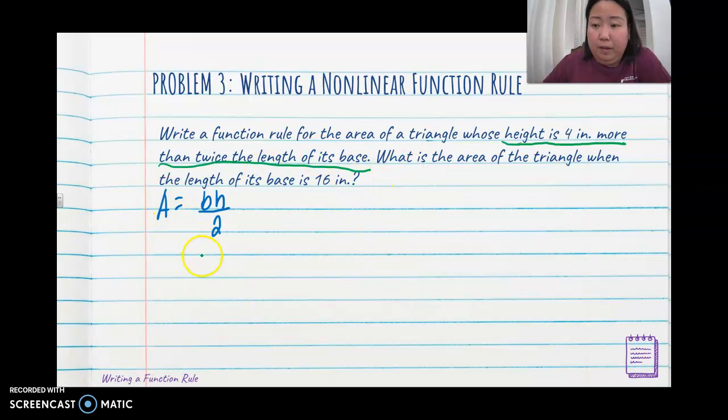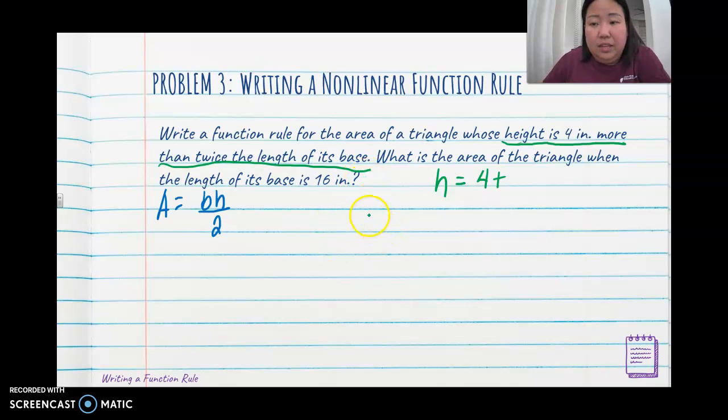Okay, so given the formula of area, we have base times height over 2. Upon reading the situation here, we have a representation for the height, which is 4 inches more. So we know we're going to be adding 4 plus twice the length of the base.